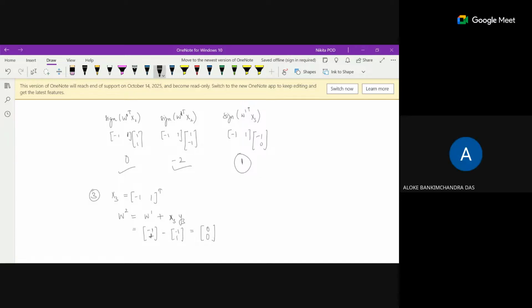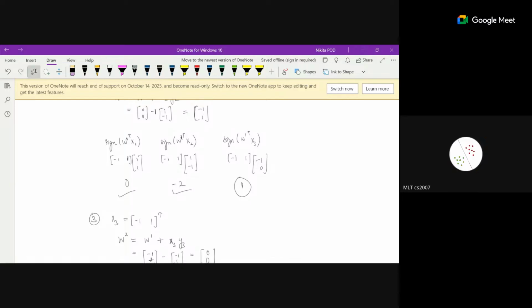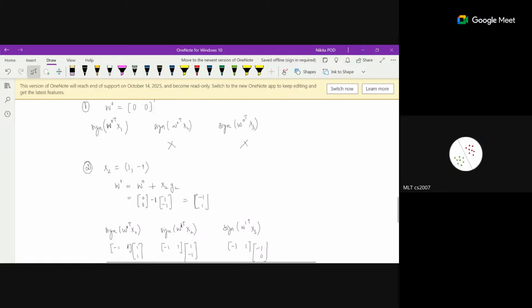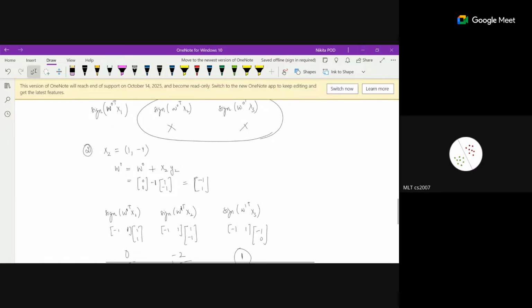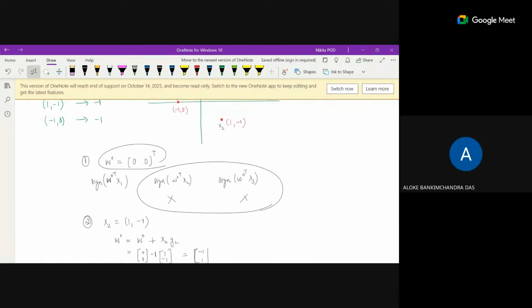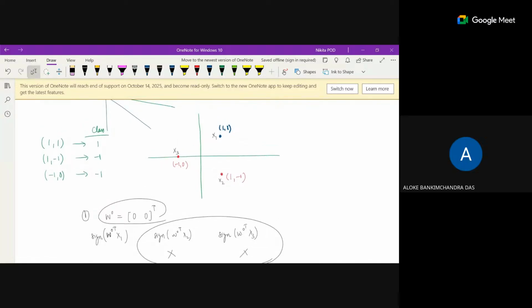We are back to (0, 0). So again, this will not correctly classify, and we'll keep on repeating. This is oscillating, not converging.